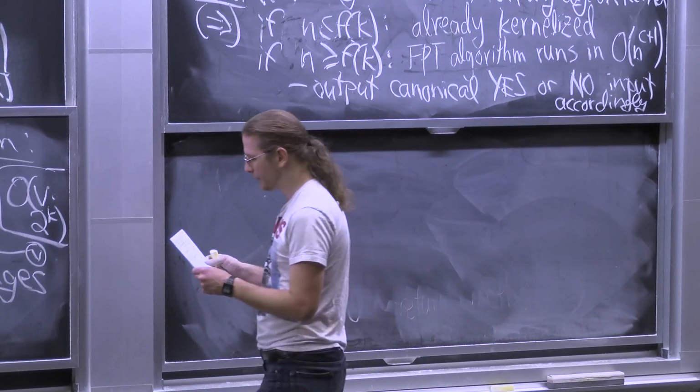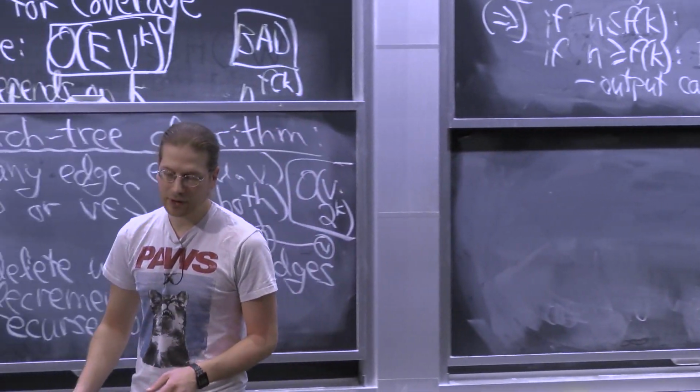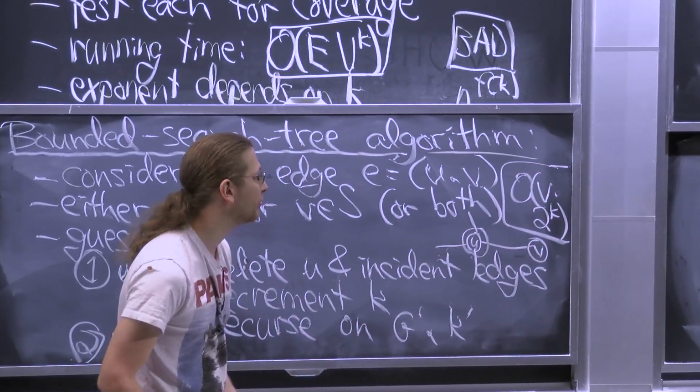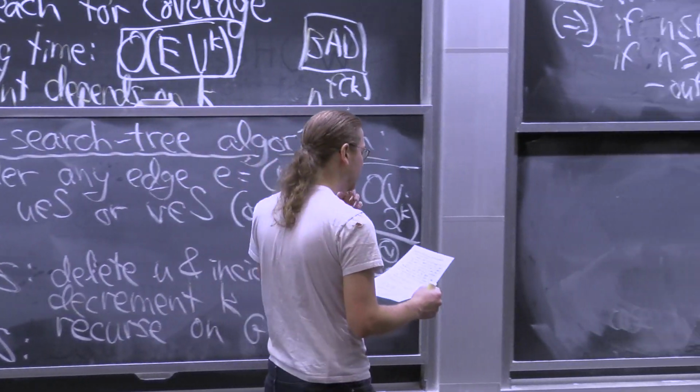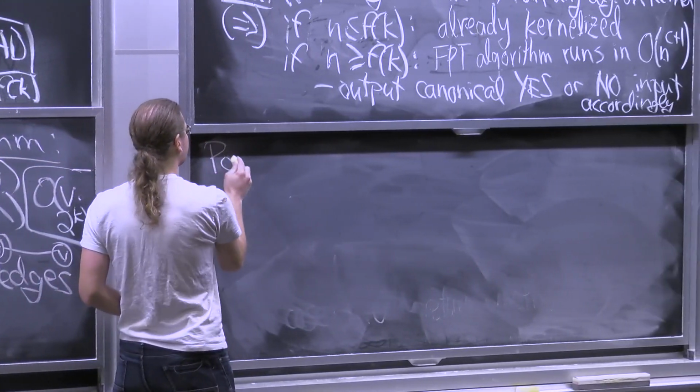So I claim that we can find a polynomial kernel, polynomial size kernel. It's going to be quadratic for vertex cover.